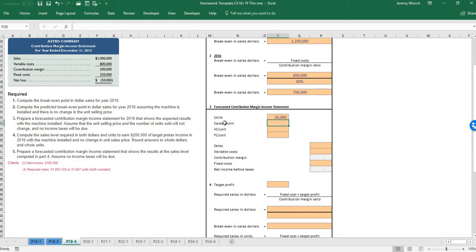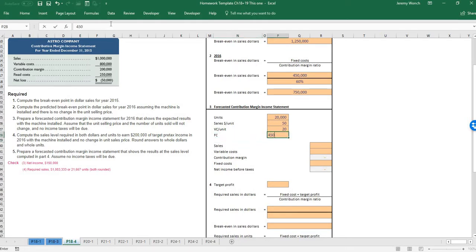Our sales price per unit is not going to change, it's still going to stay at 50. Our variable cost went from 40 down to 20, and our fixed cost, it's not per unit, sorry, that's just fixed cost.